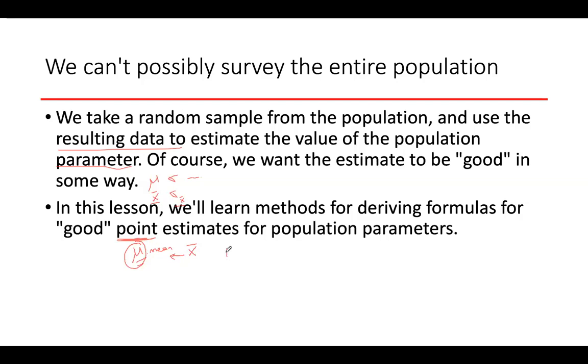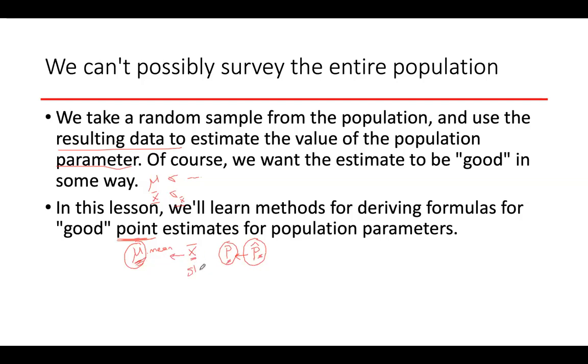So, for example, P, the population proportion, is what I'm after. But from the samples, I may estimate the population proportion. This is called the estimate. This is called the real population parameter.